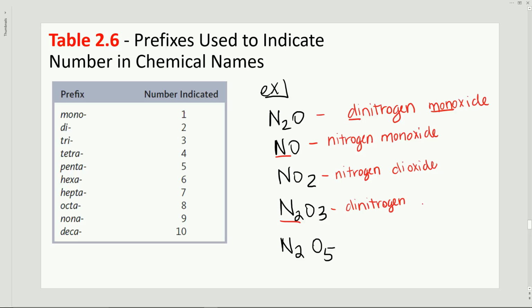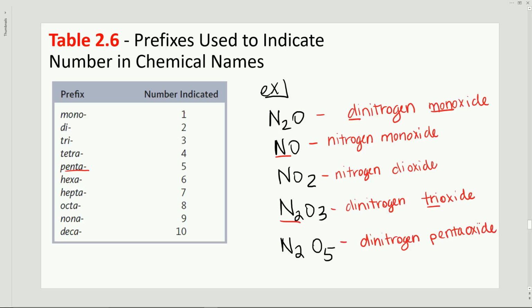We have 3 oxygens, so we're going to call this trioxide. Tri means 3. Okay. Last one here. Again, we have 2 nitrogens, so dinitrogen. Oxygen, we have 5, so 5 is penta. Pentaoxide.